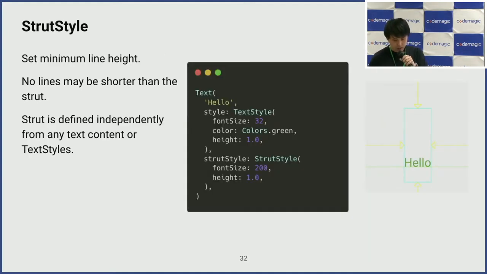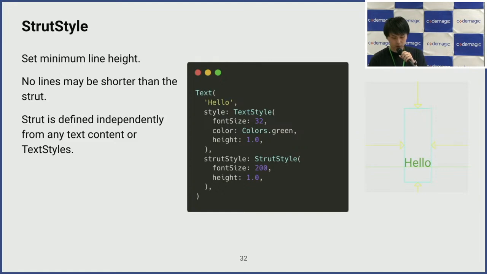In addition to TextStyle, Text also has a property called strutStyle that can control line height. This is a property for setting the minimum vertical layout metrics. So like TextStyle, StrutStyle also has a fontSize property, but setting the font size of StrutStyle does not actually make the size of the displayed text larger.